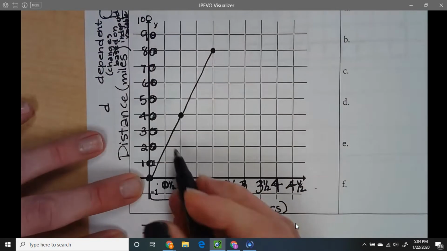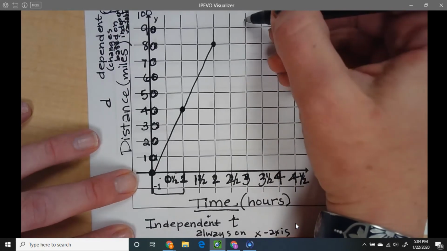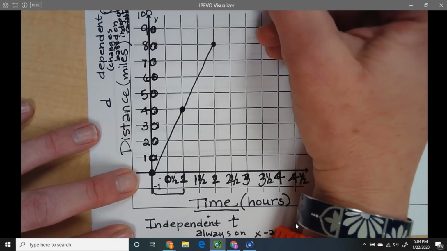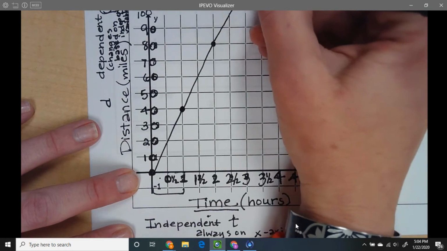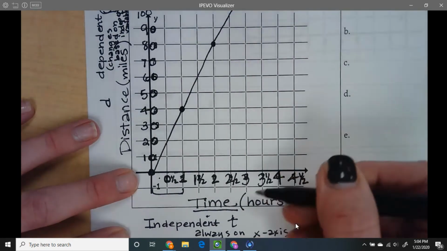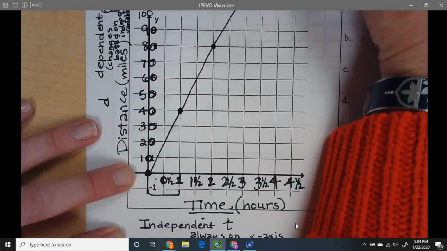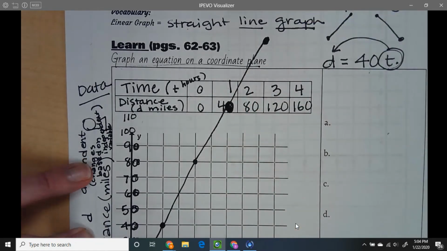So I could keep going. Obviously, I would need to on my normal paper, but this graph will cut off. So 3 and 110 would be about there probably for the straight line. And then 4 and 160 would probably be way up there just by the straight line, you can tell.